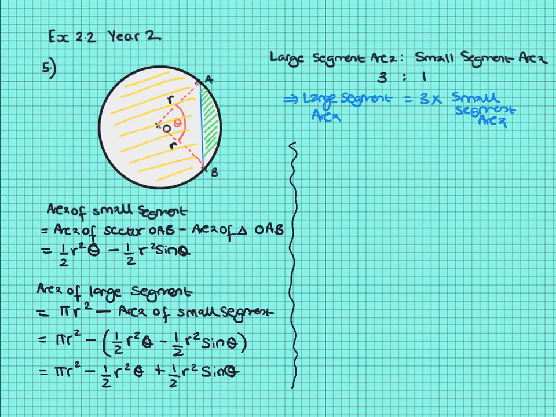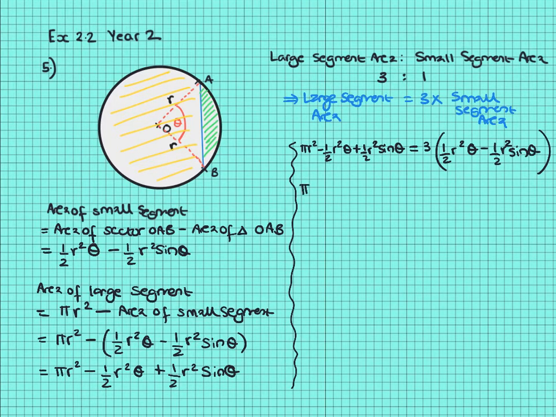So the large segment area is pi r squared minus a half r squared theta plus a half r squared sine theta. And this is equal to 3 multiplied by the area of the small segment, which is equal to a half r squared theta minus a half r squared sine theta.